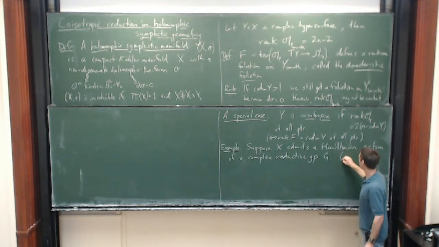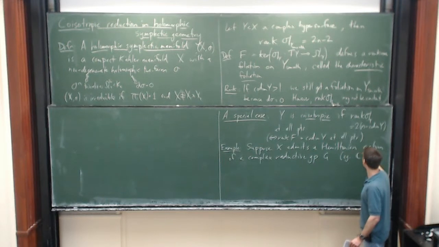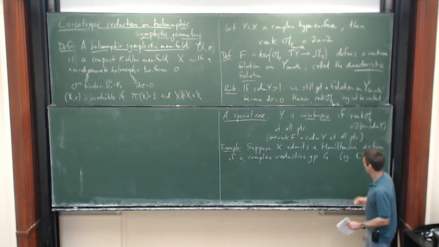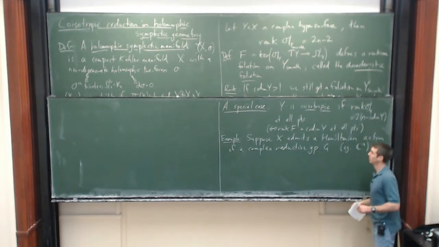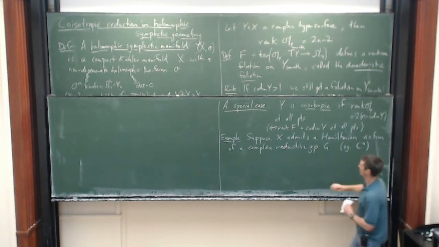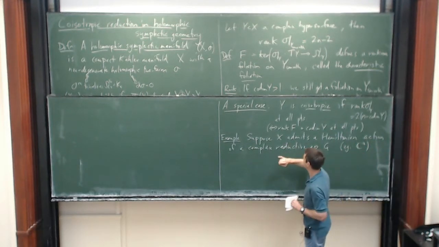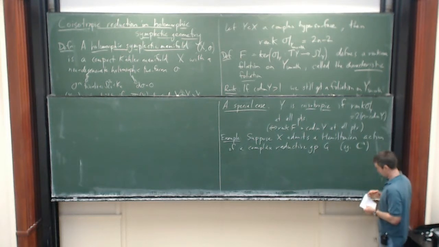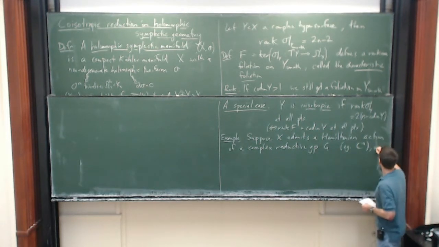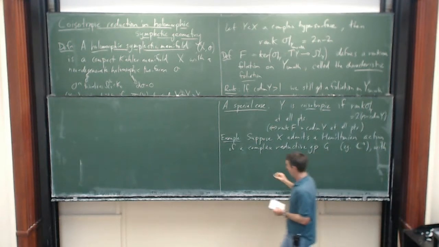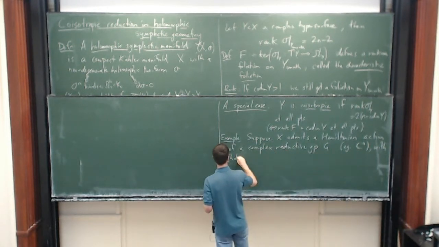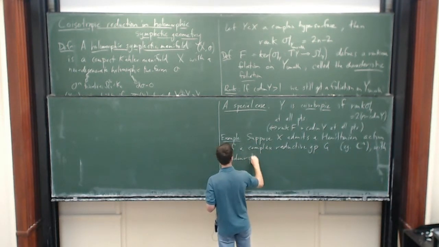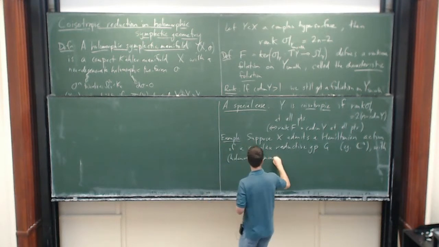So for example, like a C star action. Well, let's allow this to be non-compact as well. Okay, so then you have a holomorphic moment map.